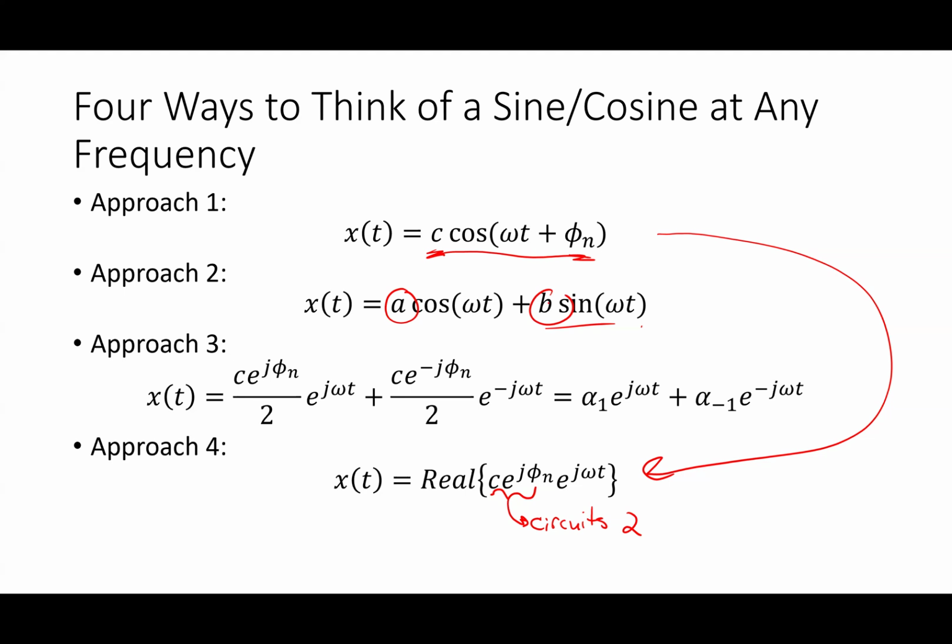It's also true that this same waveform up here can be thought of using Euler's identity as this. This is Euler's identity. I think of this as basically 2 rotating vectors in the complex plane. Which one of these vectors rotates clockwise and which one rotates counterclockwise? So this is a vector. This is a vector.